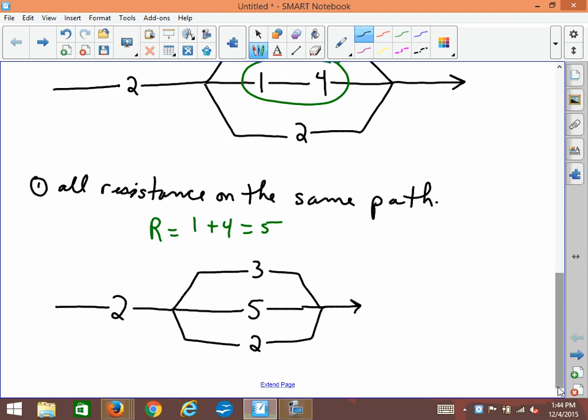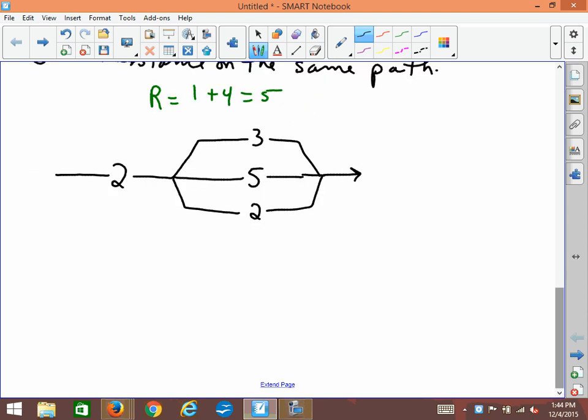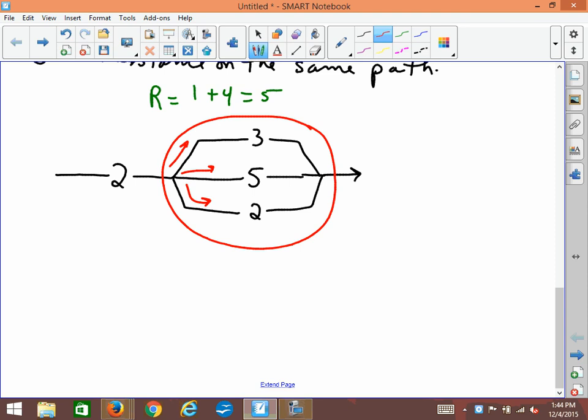Now, the next thing we can do is look at this whole section right here. It's a parallel section. There are 3 paths that the electricity can follow. So I'll find the resistance of this parallel section using the parallel rules. 1 over the total resistance of this part will be 1 over 3 plus 1 over 5 plus 1 over 2. Now you can do the common denominator, or you can use the shortcut I told you on your calculator with the 1 over button.